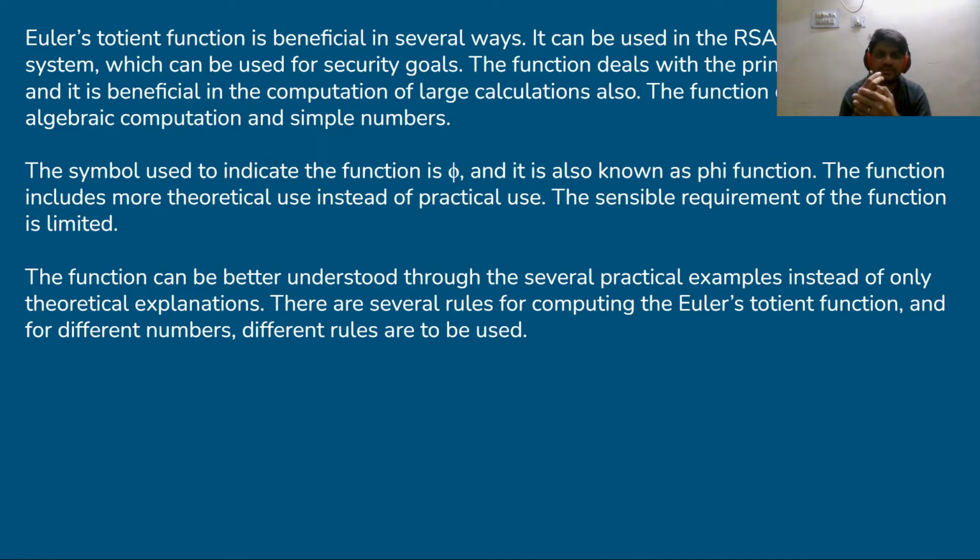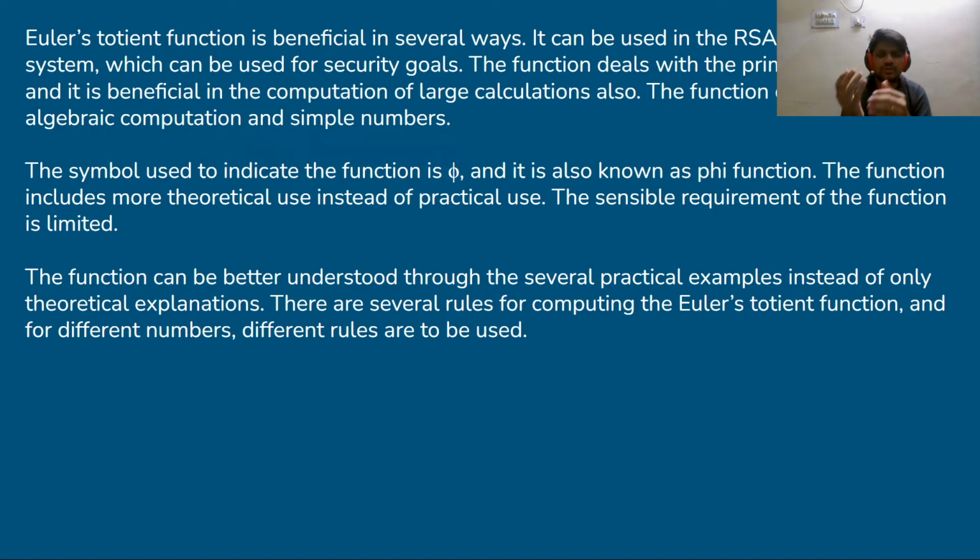Euler's totient function is beneficial in several ways. It can be used in the RSA encryption system, which can be used for security goals. The function deals with prime number theory, and it is beneficial in the computation of large calculations also. The function can be utilized in algebraic computation and simple numbers.